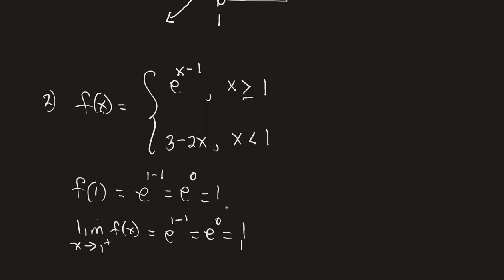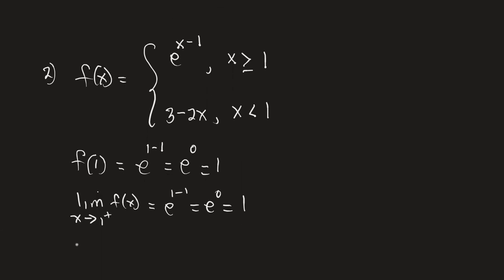So let's see the expectation. Will it work? Let's see. So if we now evaluate the limit as x approaches 1 from the left, a little bit less than 1, so you're on the bottom piece. We can evaluate it. So 3 minus 2 times 1, that's 3 minus 2, that's equal to 1.